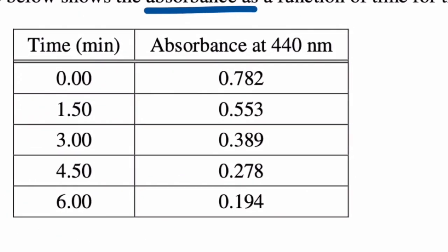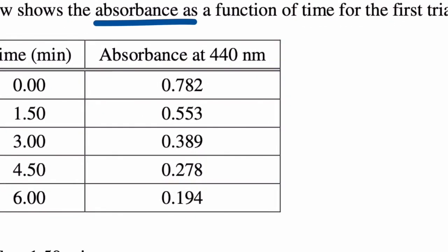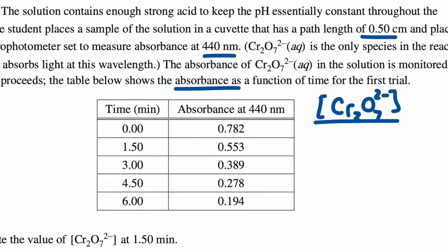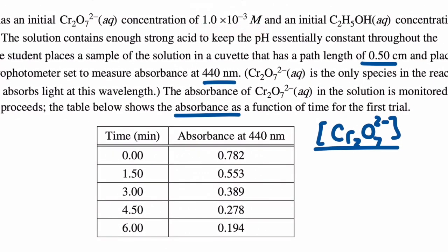Well, remember that absorbance is related to molarity. So I could quantify the molarity of dichromate as a function of time as well. They told me that originally it's 10⁻³.